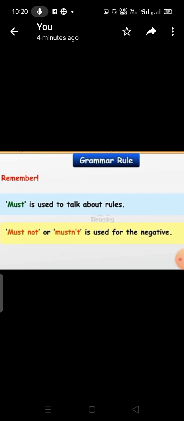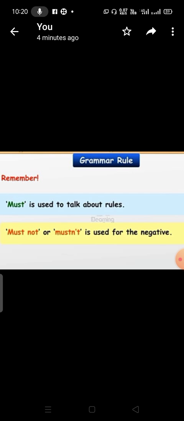Countable nouns are nouns that we can count, so it is a countable noun.